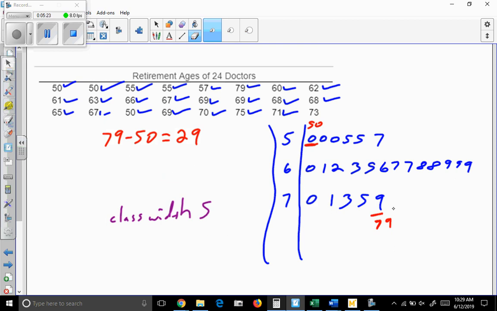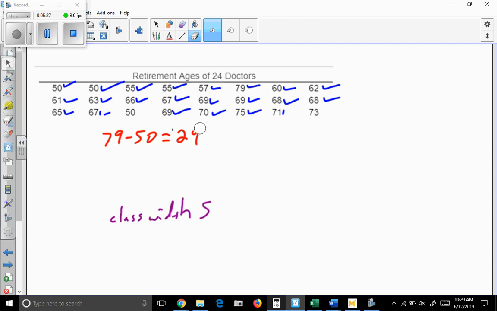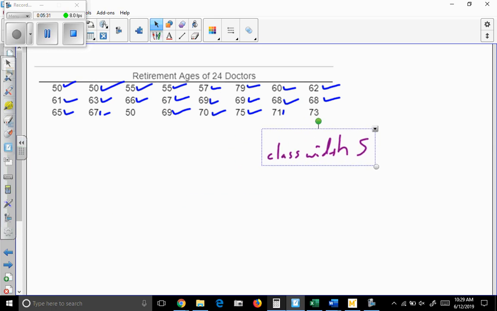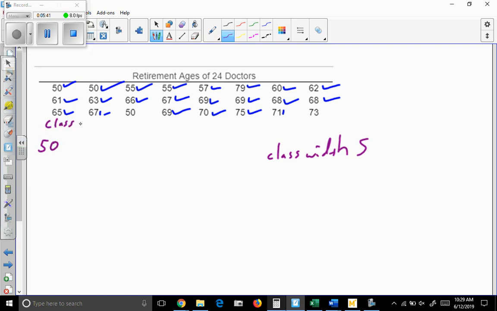Now we need to use our class width in order to divide up into classes. So this problem says use the minimum value at the bottom of the first class. So for our class limits, the first class starts with 50.